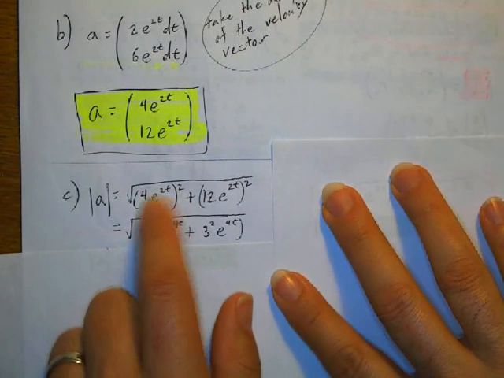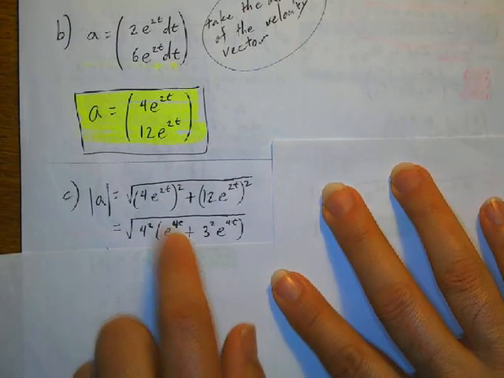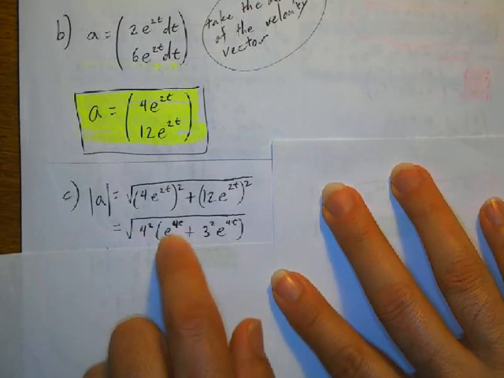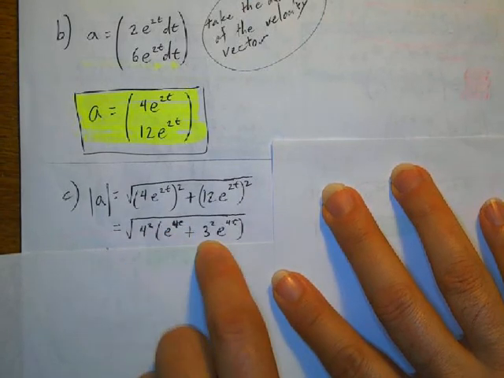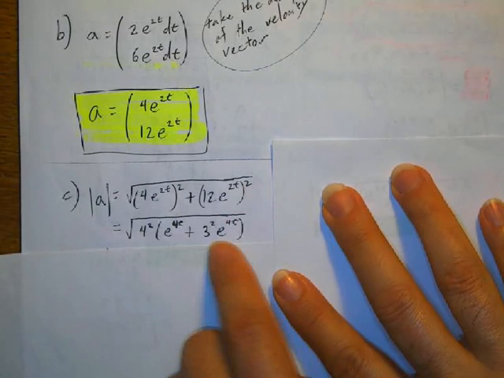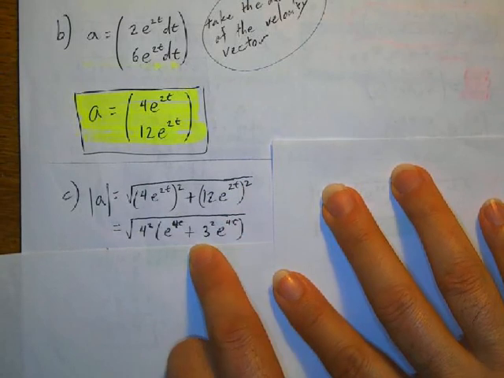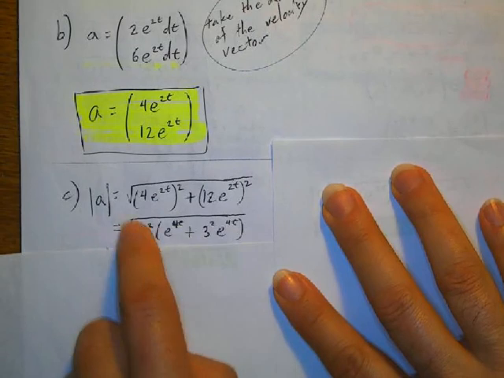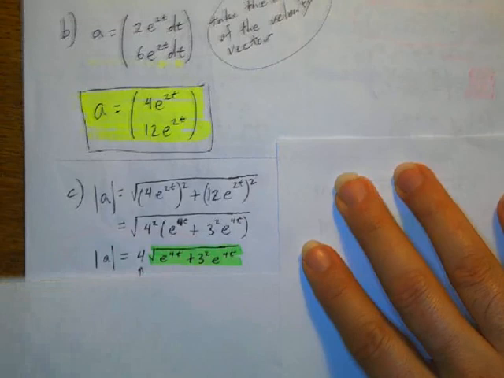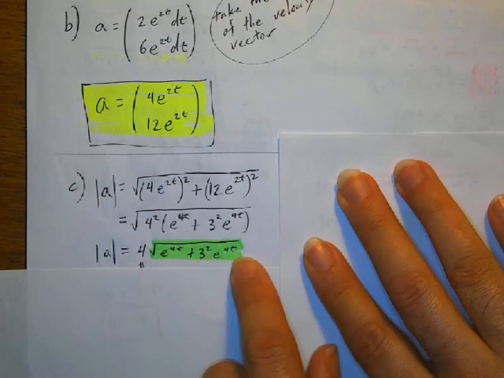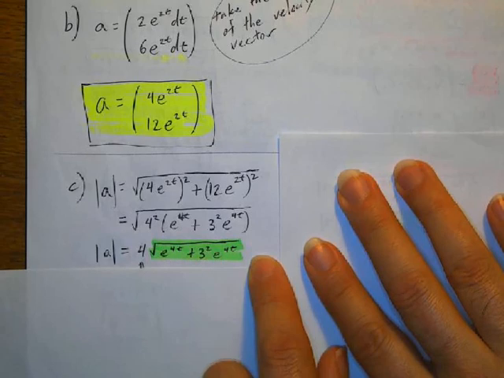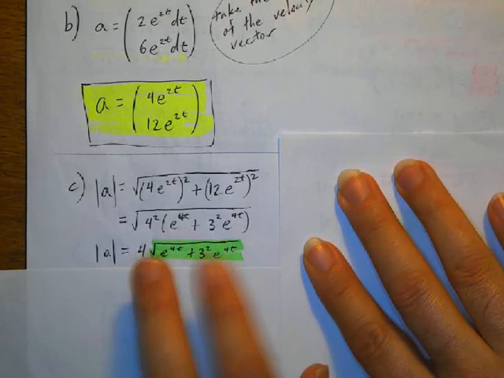We're left with e to the 2t squared, so e to the power 4t. If I factor out 4 squared, we're left here in this term with 3 squared and e to the 4t. Okay, this I can factor out 4 squared, and I'm going to be left with this. Now this green part, just hold your horses, I'm going to leave it like that for now.